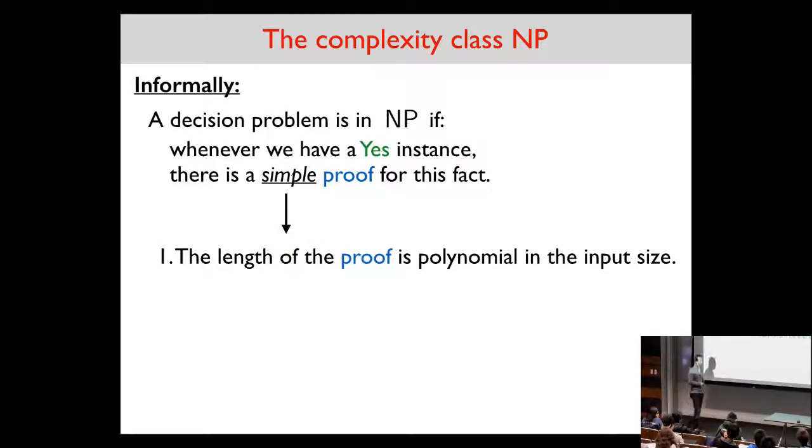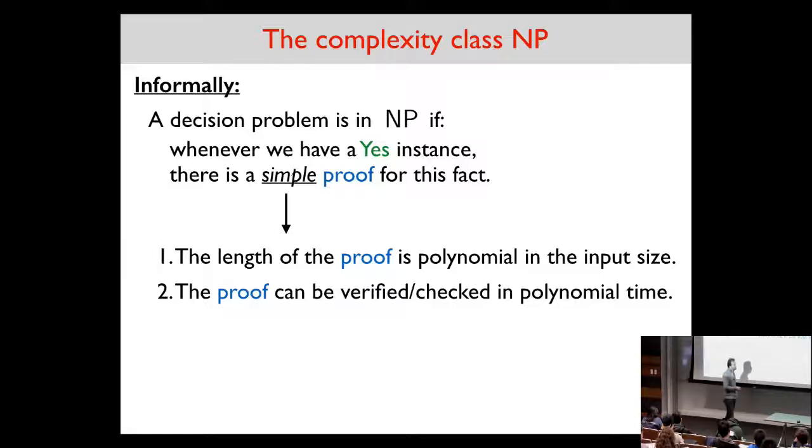First of all, the length of this proof is going to be polynomial in the input size. Because if it's exponential size, then I cannot verify that proof efficiently. And the second thing is that the proof can be verified, or checked, in polynomial time.